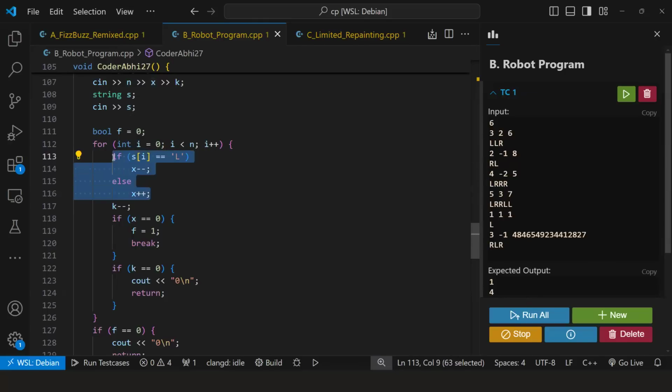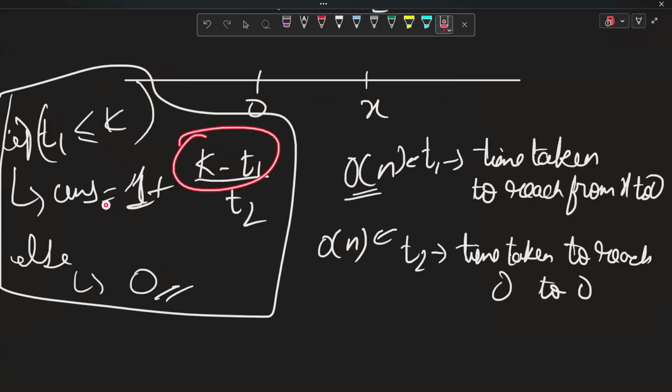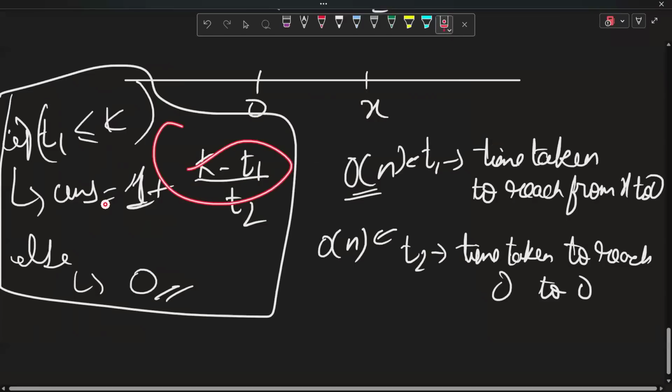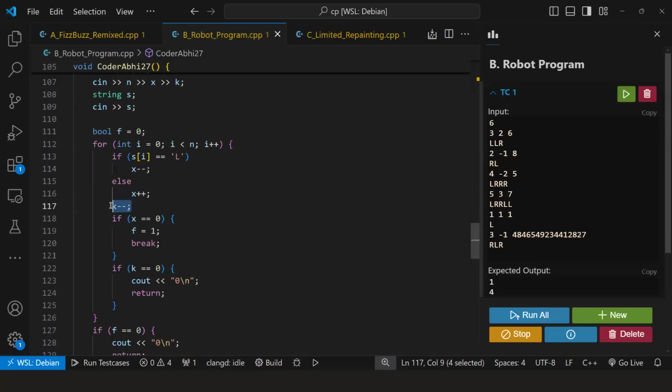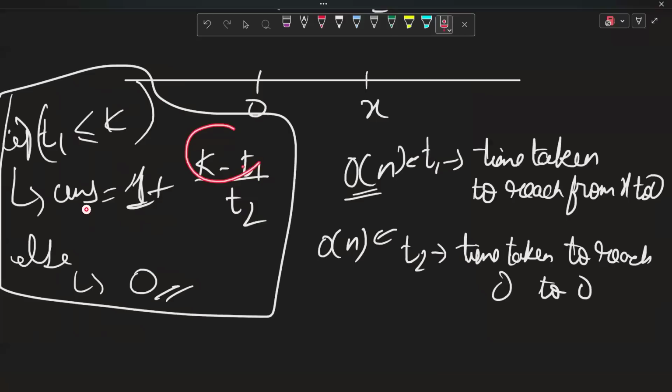This way I'm moving my pointer, and I'm doing k minus minus. Finally I had to subtract t1 from k, so whatever time you are taking is subtracted from k. Instead of computing t1 in k, you can compute t1 in another variable also. It's just about how you write the code. So when I come out, my k would be updated to k minus t1.